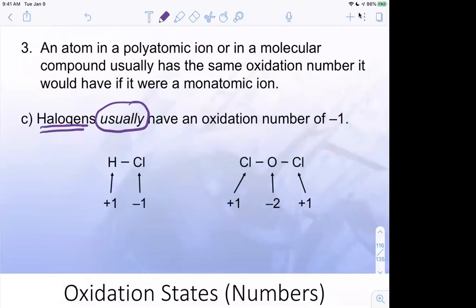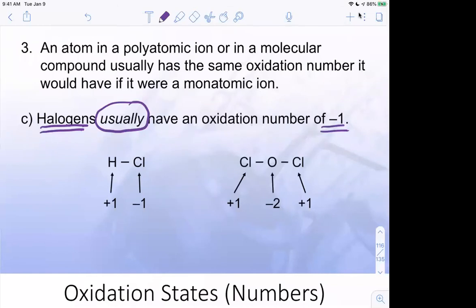Usually my halogens will be a -1, but there are cases where my halogens have much different oxidation numbers. These rules are in order of priority, so you go down the list when you're trying to figure out these oxidation numbers. So in this case, if chlorine is a -1, hydrogen is a +1.